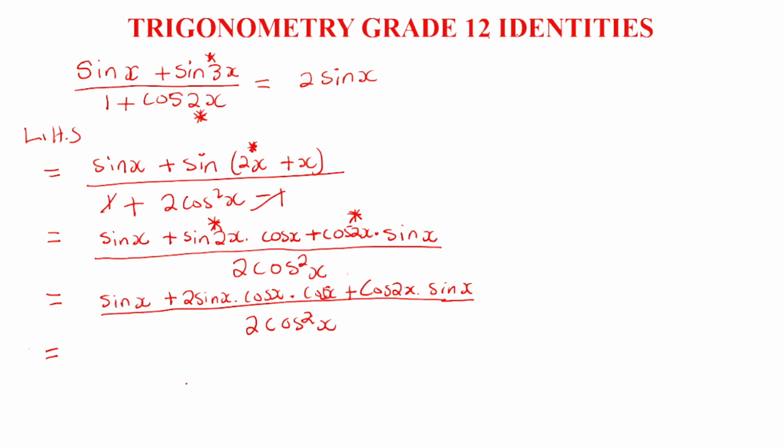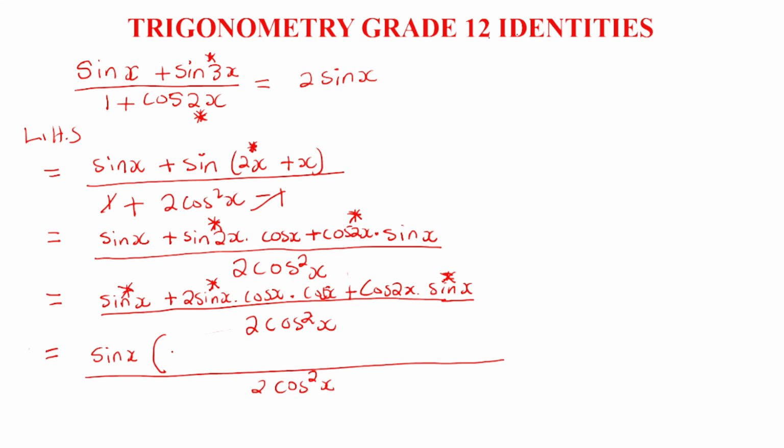Okay, all right, great. If you have a look at this now, what you have on top, we have sine x here, we've got another sine x here, we've got another sine x there. Great. So now we're going to remove sine x as a common factor, and then all over we still have the same denominator, 2 cos squared x.